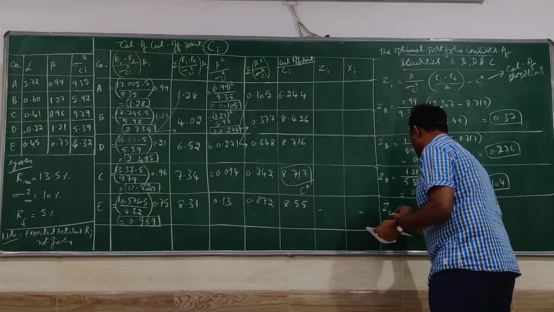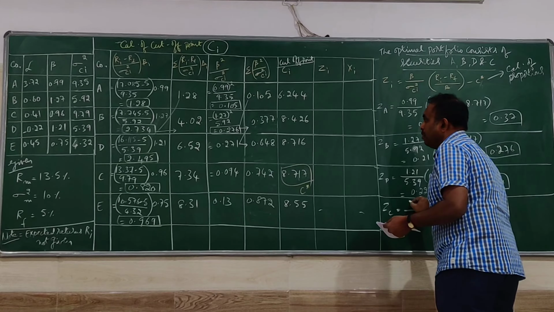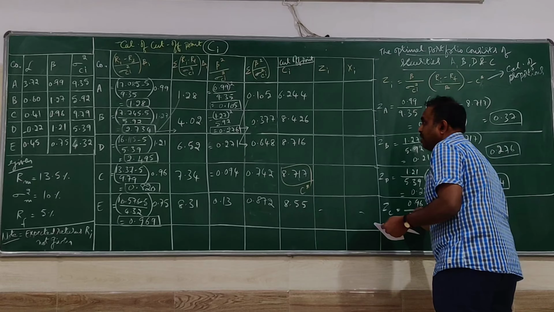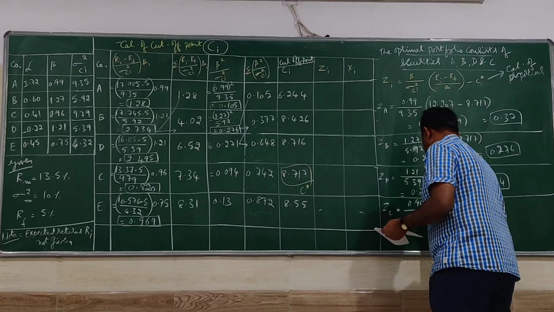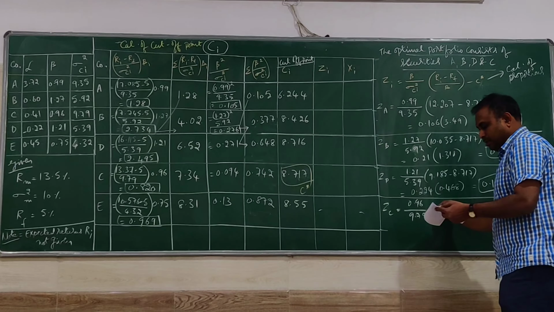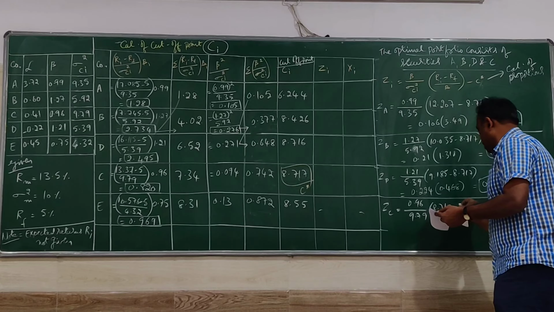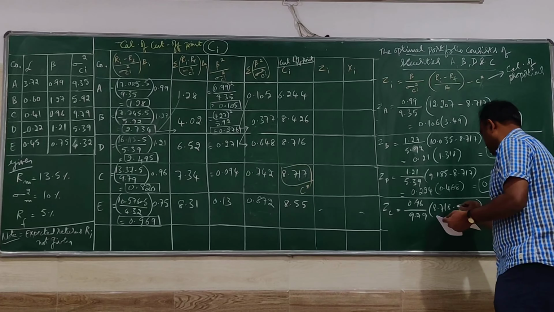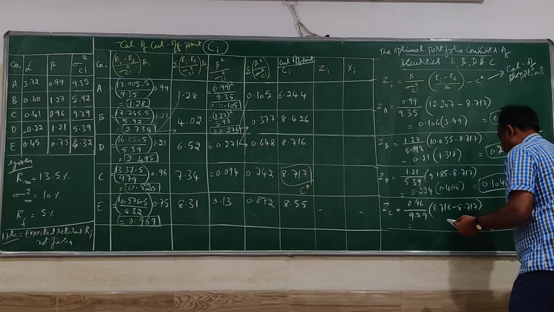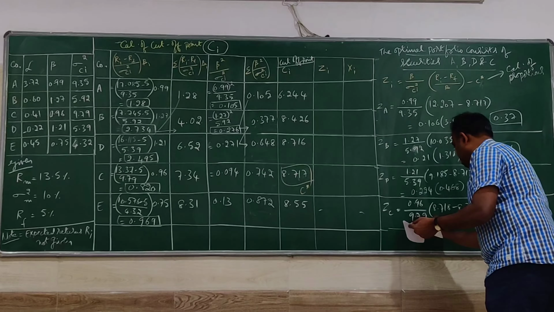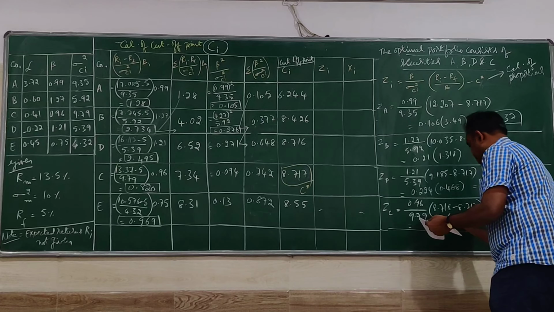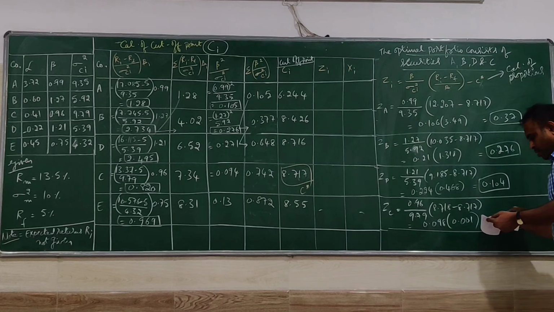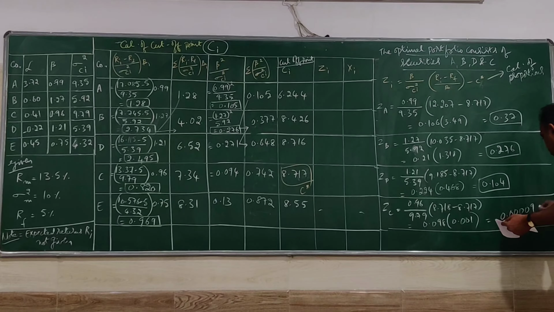Next for ZC, 0.96 divided by 9.79. Excess return 8.718 minus 8.717. A small difference, you have to be very careful. Here also it is a very negligible value you are getting, 0.00098, or you can almost ignore it, but we have done the calculation, so we go for it.